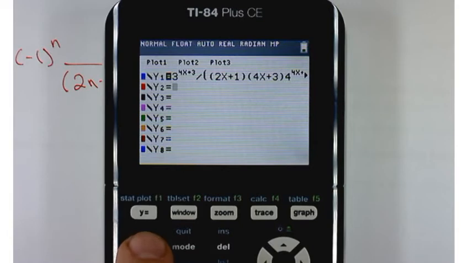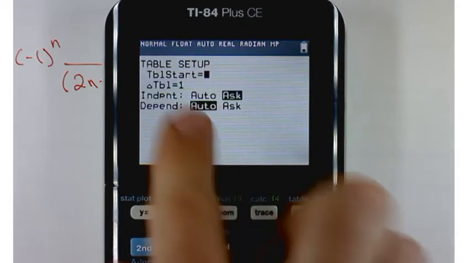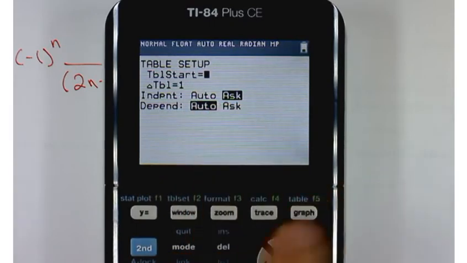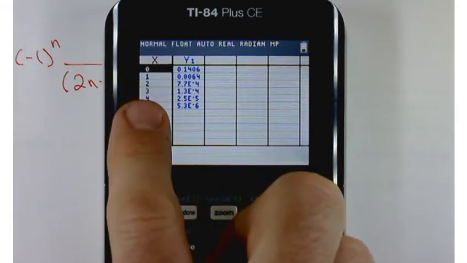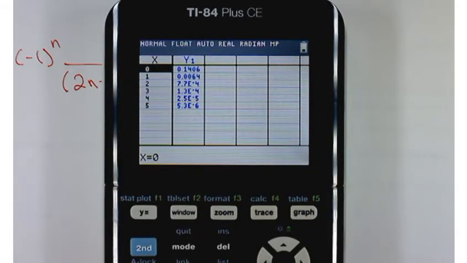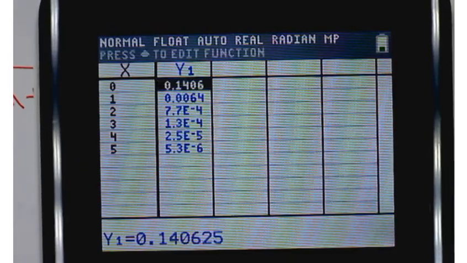Let's go to the table. Make sure your table is set up so that you can plug in the values of x that you want. So that means independent is set to ask. Second table, and there we go. So if you plug in the first few values, if you want to see all the digits, put the cursor on the y value.